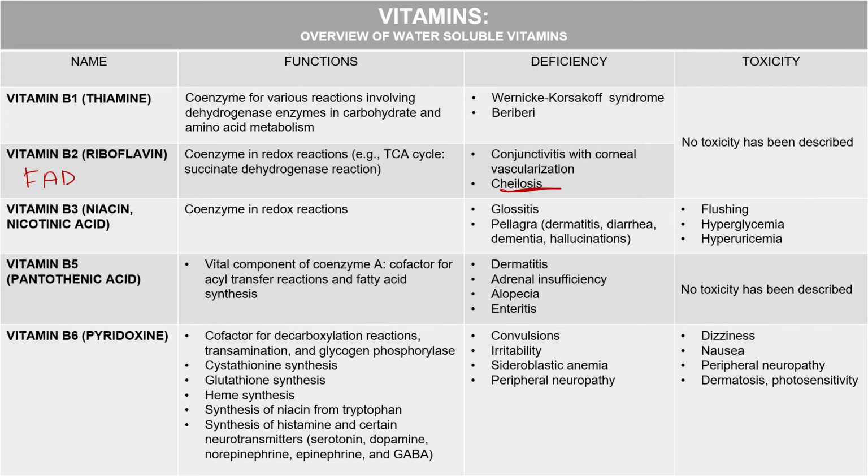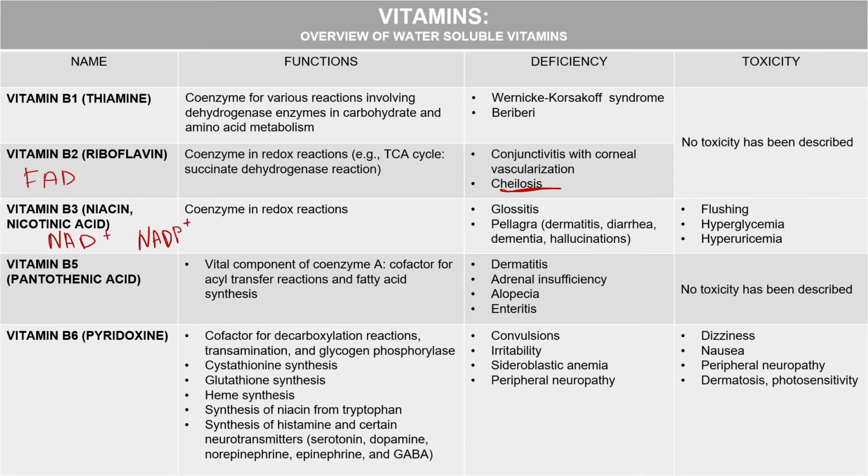If we're talking about B3 and niacin, before it was known as vitamin PP, from the words pellagra preventive, and what we need it for is NAD and NADP molecules. And you recall that the NAD molecule is very important in our electron transport chain.